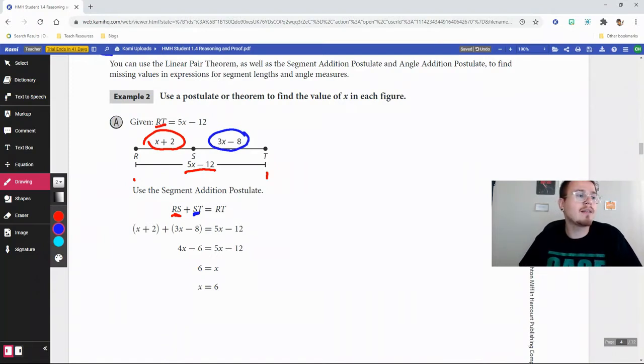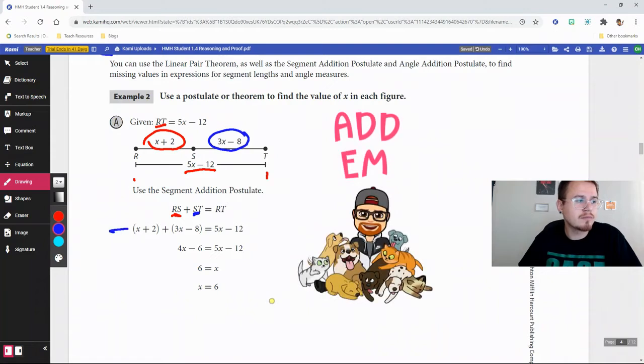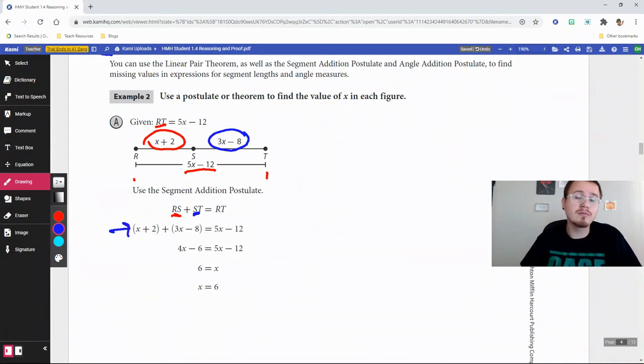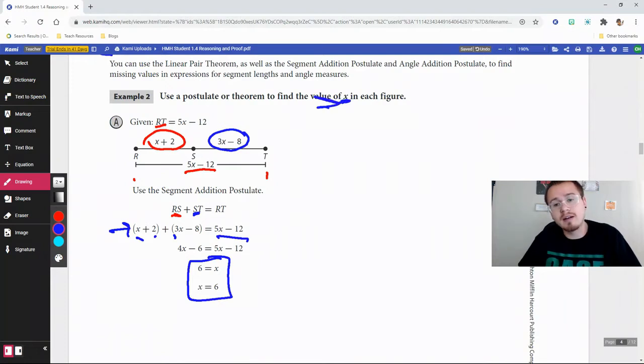Well, if you add those up, which is what they're going to do here, because we're using the segment addition postulate, which says that if you add two segments, they make the length of the longer segment. You add them up, you get 5x minus 12 on the other side, because that's what we said RT was. So we do the math. Combine like terms, solve, and you get x equals 6. We were able to do what we wanted to do, which is find the value of x.